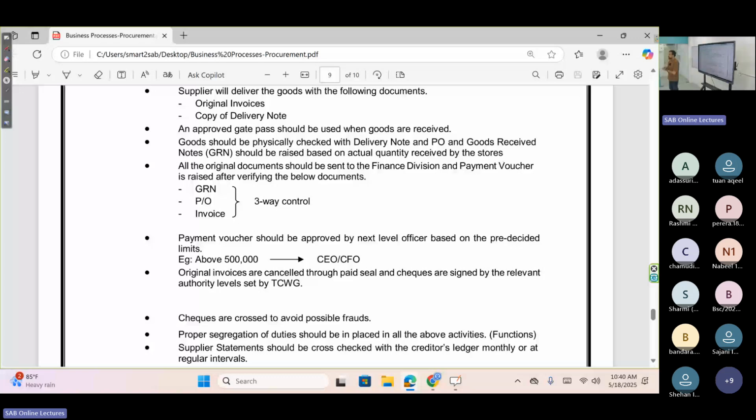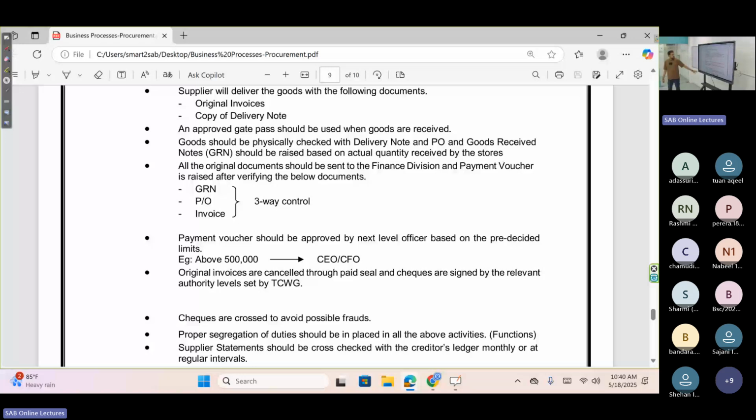That can be signed by the accountant. 1 lakh to 500,000 finance manager, 500 to 700,000 finance controller, above 700,000 finance director. Again, design the hierarchy approval levels, implement them, and payments should be approved and signed accordingly.